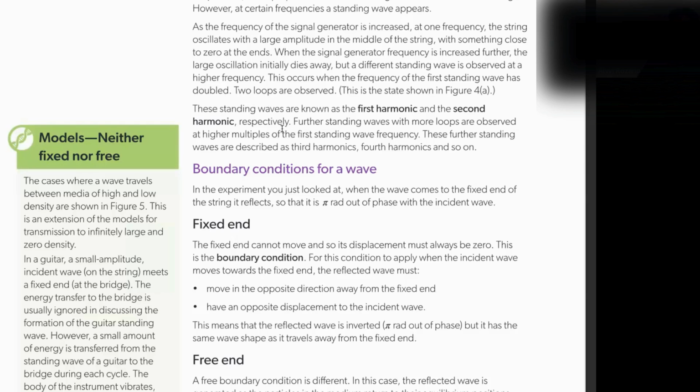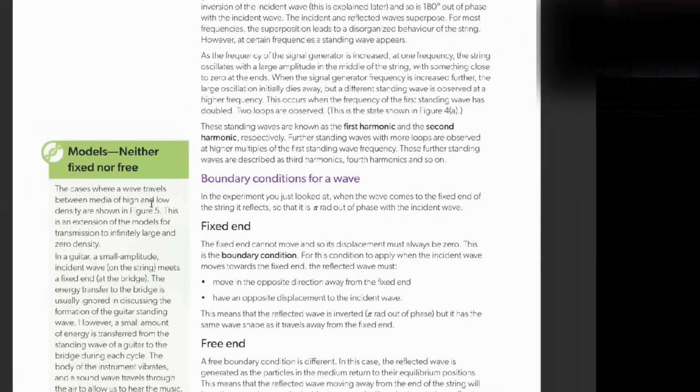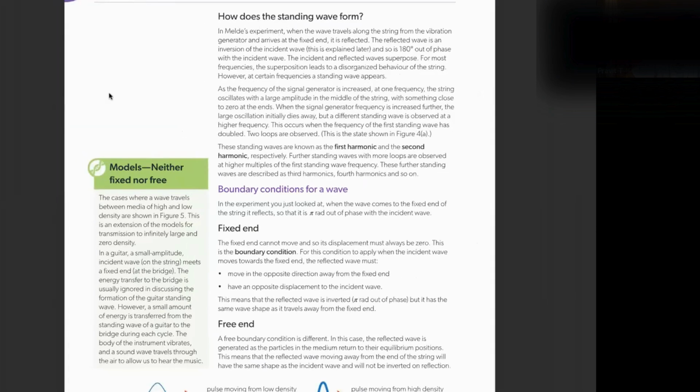So first boundary condition, fixed end. That means, imagine I have a wave which is forming like this, and this particular end is fixed. Can you look at this point? This is not going to move. It's called fixed end. Now, fixed end plays the exact role of a closed boundary in the pipe.